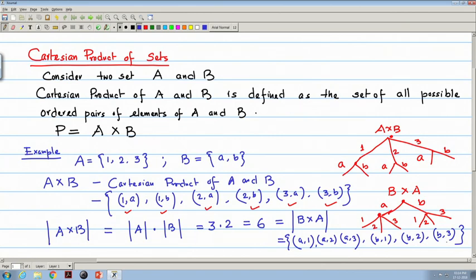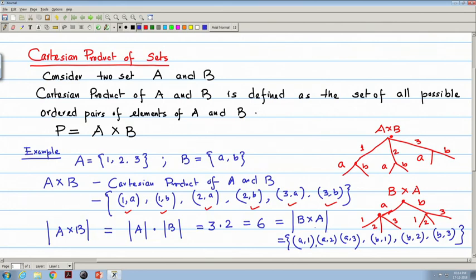So, A cross B is not equal to B cross A, because the two sets are different, since it is considering an order. Here elements of A are coming first, and in the pair of B cross A, elements of B are coming first.